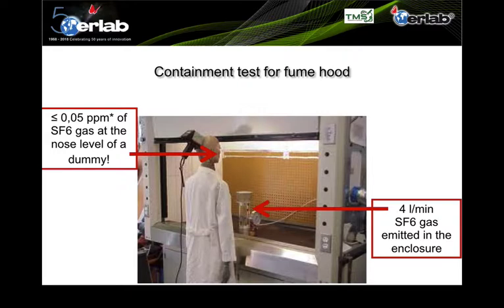The measurement is done at the nose level of a dummy for SF6 gas. In order to pass the containment test, the detection of SF6 should not be more than 0.05 ppm. This is to ensure the fume hood will be able to contain the chemicals.